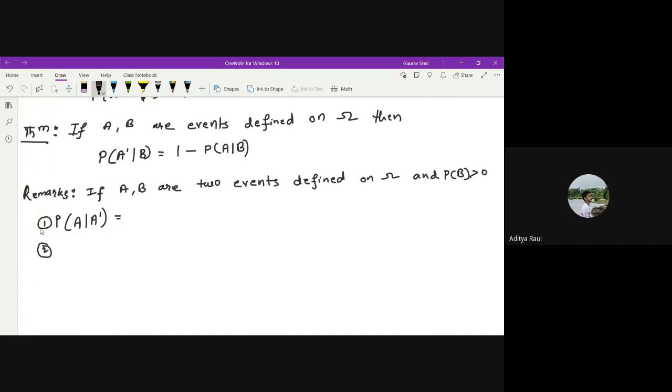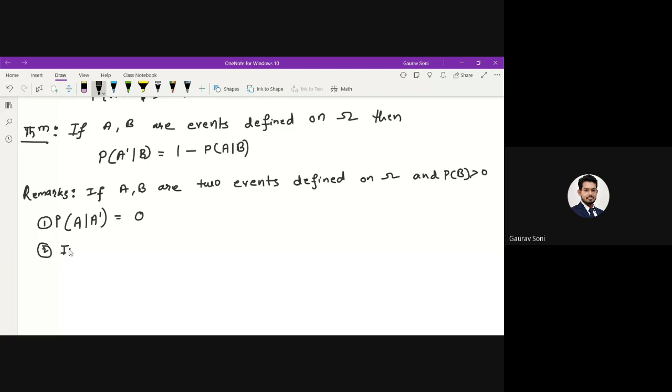Probability of A given A complement is 0. Yes, exactly. You will have probability of A intersection A complement, which is already 0, so the numerator is 0, and that's why the answer is 0.